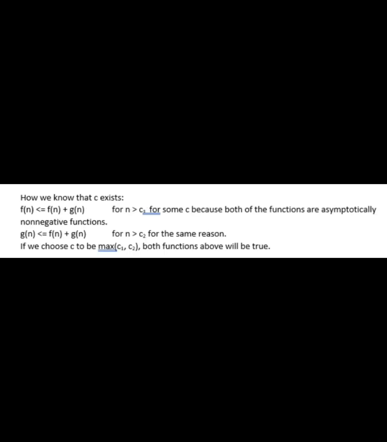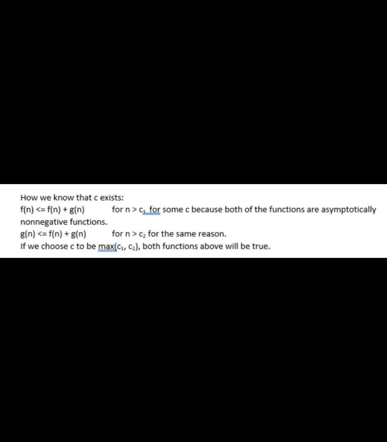Alright, so now to find c. We start off with f of n is less than or equal to f of n plus g of n. And, well, g of n is asymptotically non-negative, so we know that that will be true after some point. And we'll call that point c1. And then the same is true for the other side for g of n.